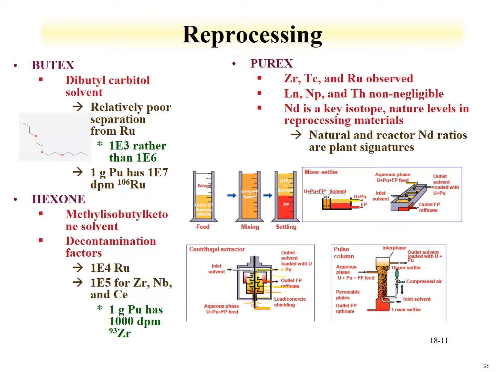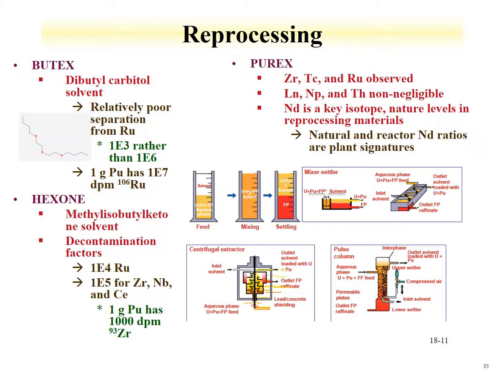For solvent extraction processes, the main one that has been used historically for separation of plutonium is the Purex process. Within this process, zirconium, technetium, and ruthenium are observable. The lanthanides, neptunium, and thorium are non-negligible, and neodymium is a key isotope.